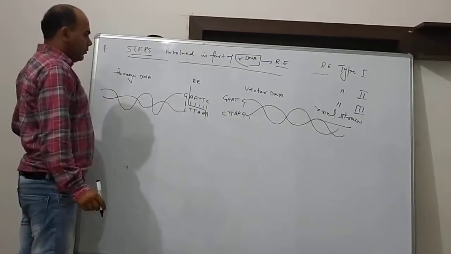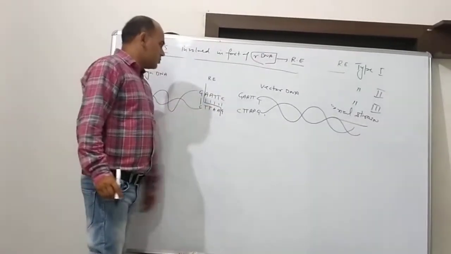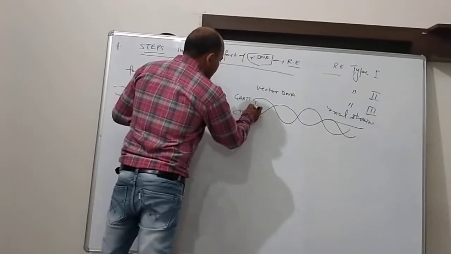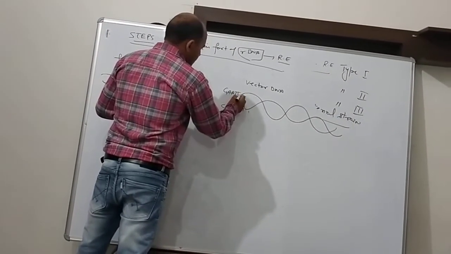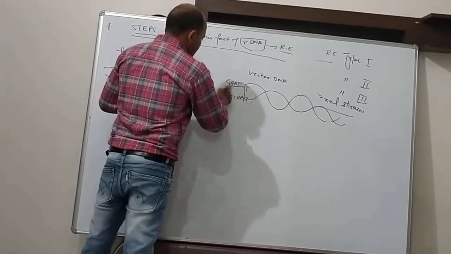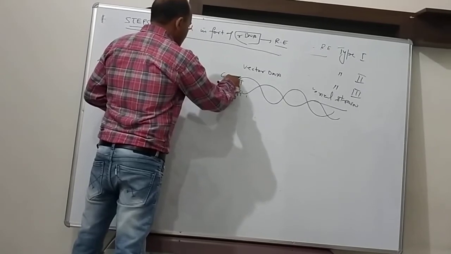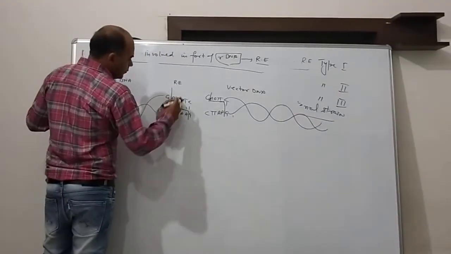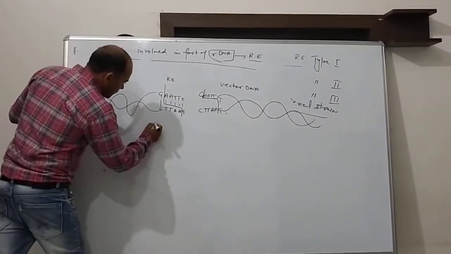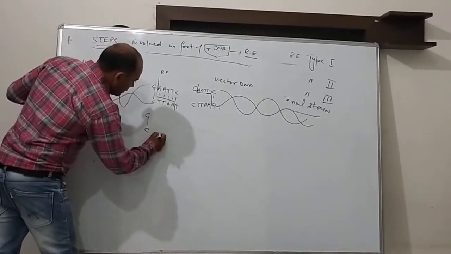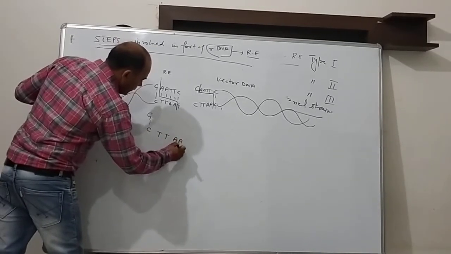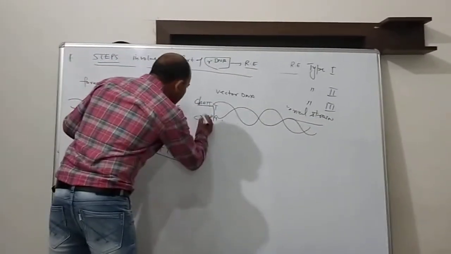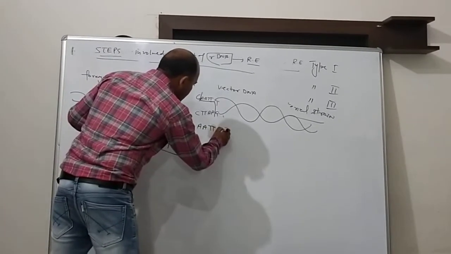With the help of a RE, we have to remove this sequence, and in the same manner, we also have to remove the sequence in the vector. The upper part which is removed comes here, which one? A, T, T, C and a G.